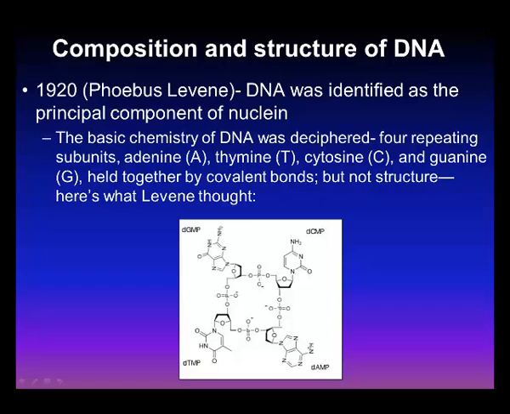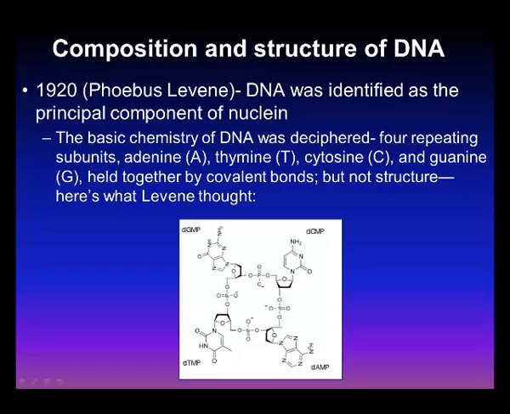What's interesting and really kind of sad about poor Phoebus Levene is that while in his time he was quite noted for his biochemical experiments, his legacy has unfortunately been about the thing that he was wrong about, and that is this tetranucleotide structure that he proposed for DNA.